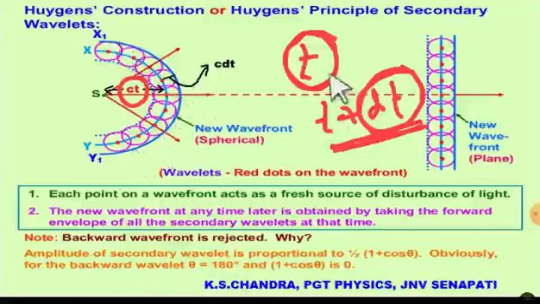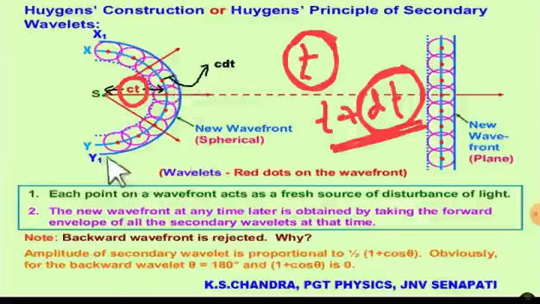Why? Because this is at a later instant of time from this t, that means after the later time dt. So at a time t plus dt, we call it the secondary wavefront.